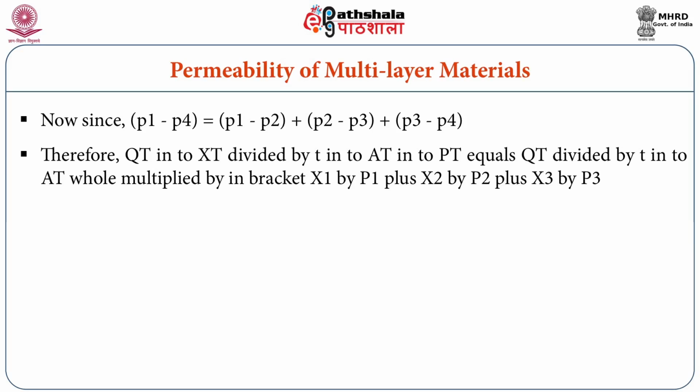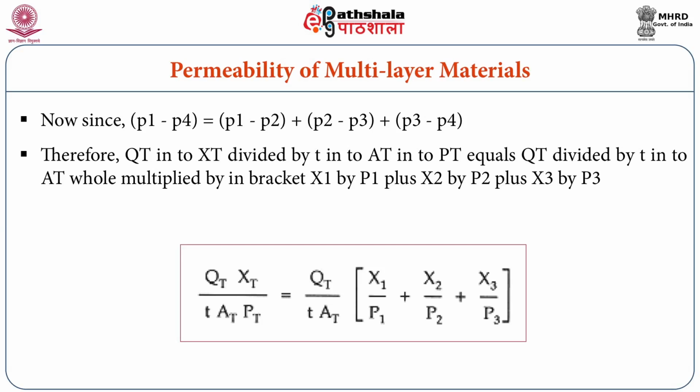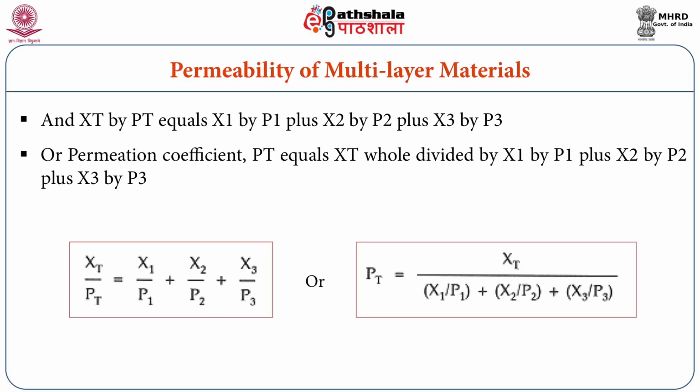Now, since P1 − P4 = (P1 − P2) + (P2 − P3) + (P3 − P4), therefore Qt × Xt / (T × At × Pt) = Qt / (T × At) × (x1/P1 + x2/P2 + x3/P3) = xt/Pt. So the permeation coefficient Pt = xt / (x1/P1 + x2/P2 + x3/P3).